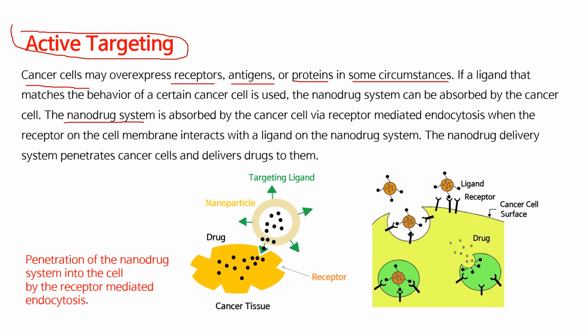The nanodrug system is absorbed by the cancer cell via receptor-mediated endocytosis. When the receptor on the cell membrane interacts with a ligand on the nanodrug system, the nanodrug delivery system penetrates cancer cells and delivers the drug to them.